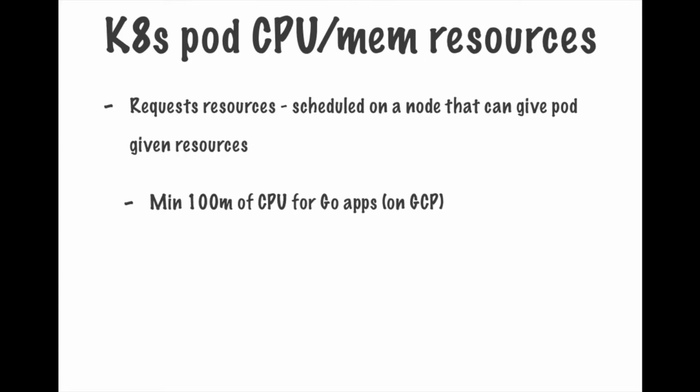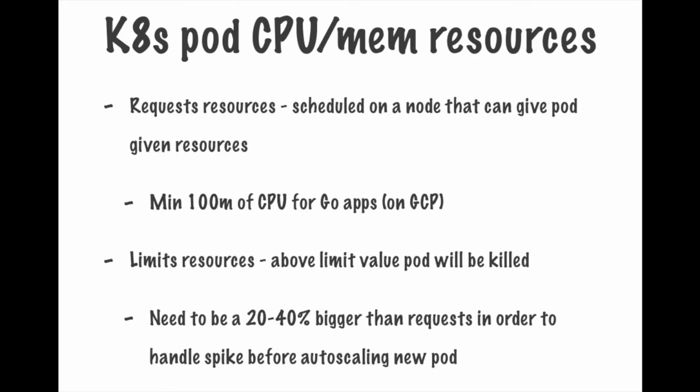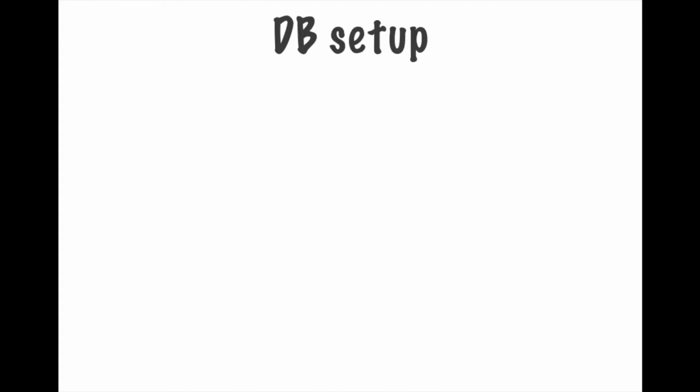I will show you this HPA in a second in the live demo, when we also go to profiling the Go application. Right now I would like to talk about our database setup, because even before the tests we were quite sure this would be our bottleneck.